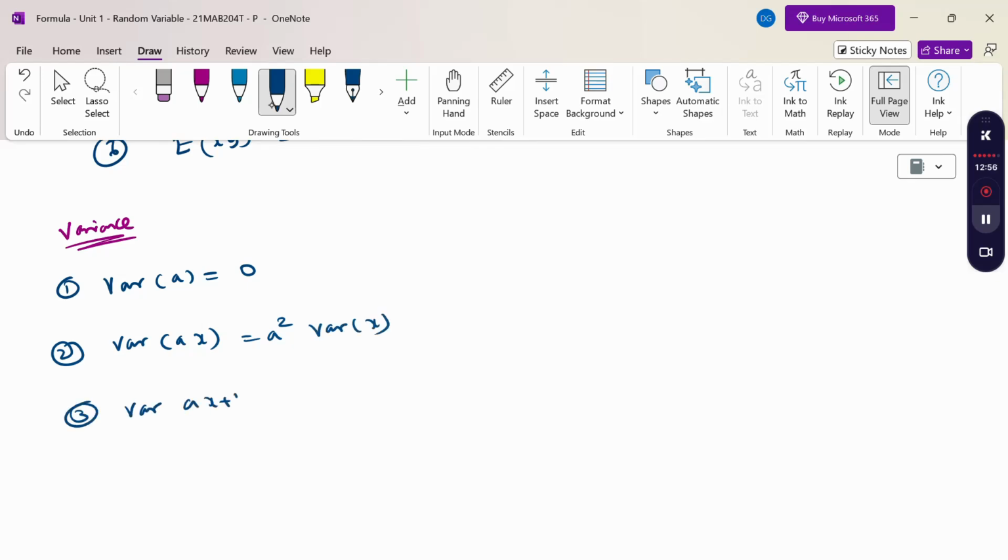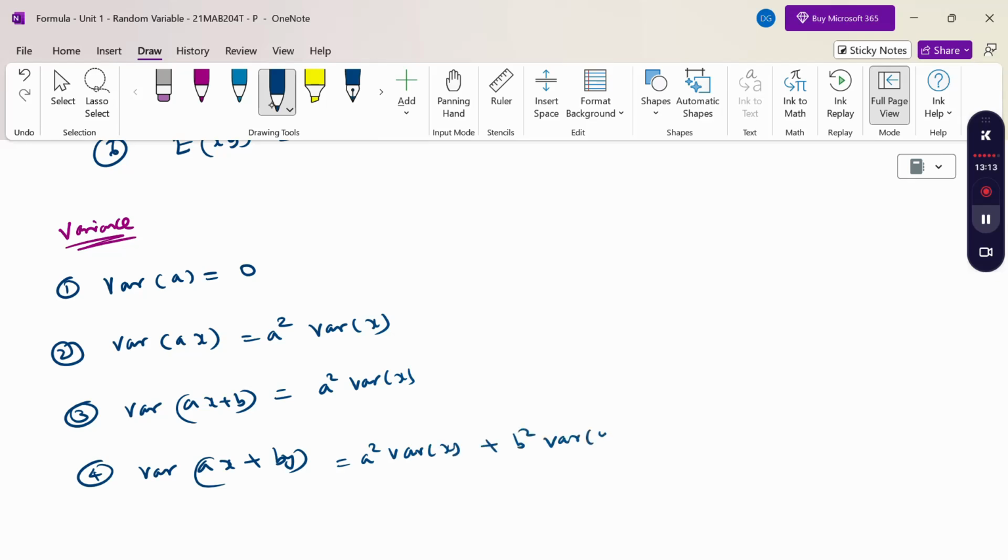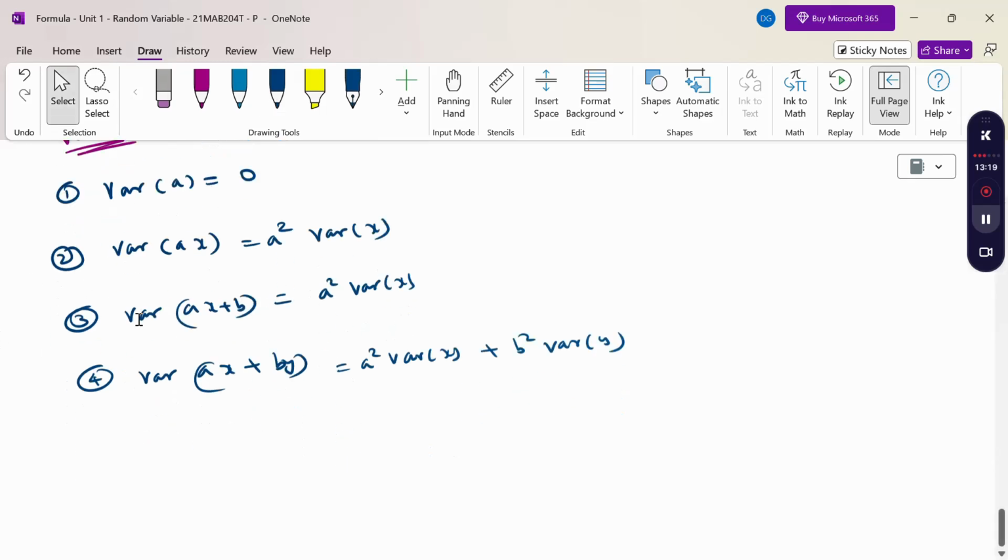The variance of ax plus b equals a square variance of x. The variance of ax plus by equals a square variance of x plus b square variance of y. So these are the properties of variance.